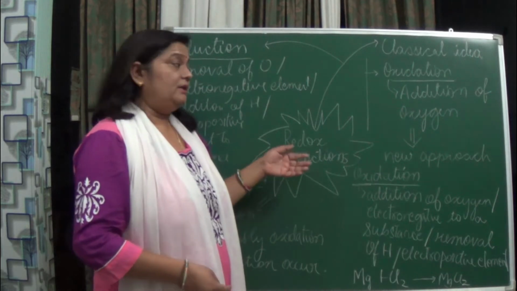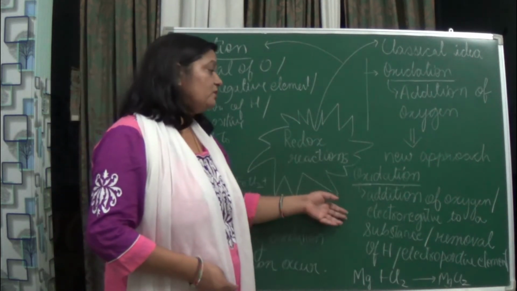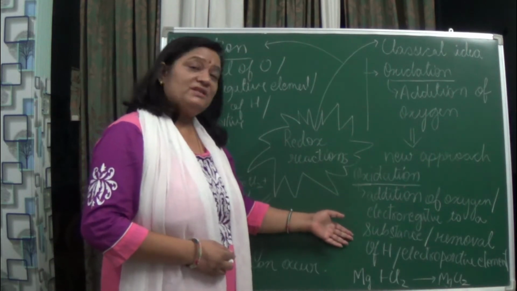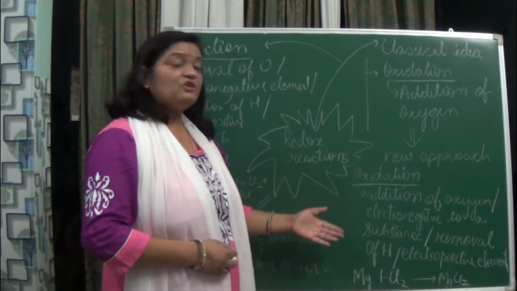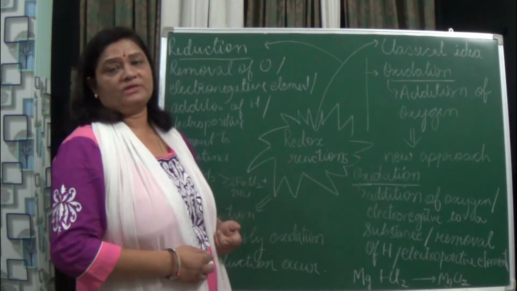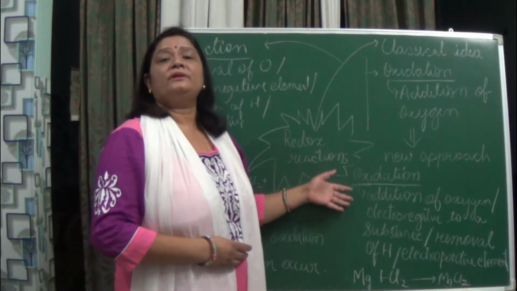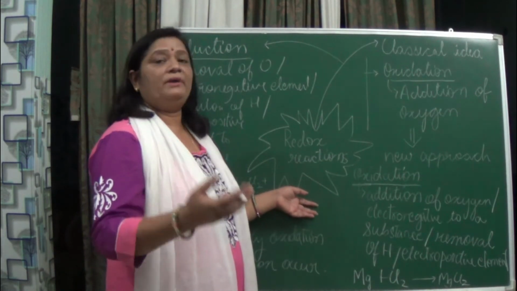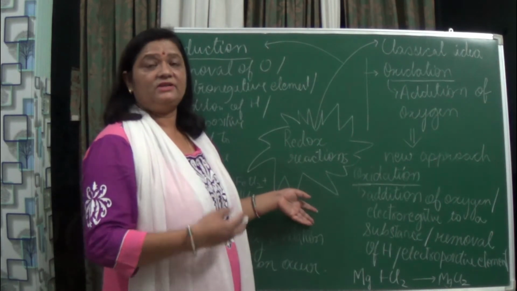But the new approach of oxidation is the addition of oxygen or an electronegative element to a substance, or removal of hydrogen or an electropositive element from a substance. For example, magnesium plus oxygen gives magnesium oxide. Oxidation reaction is taking place. Very easy, addition of oxygen.